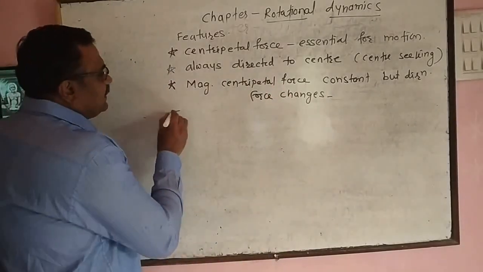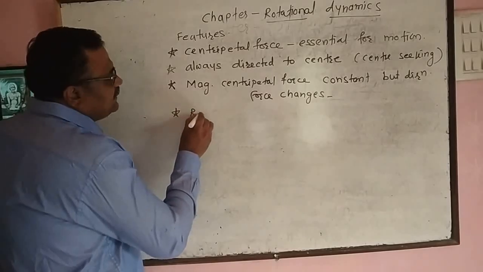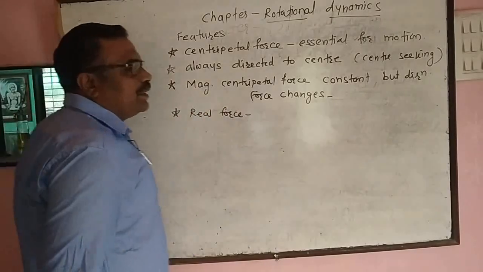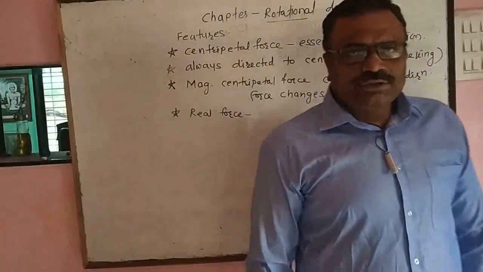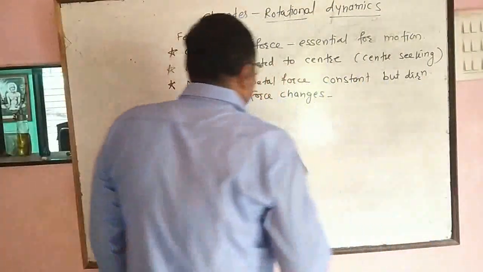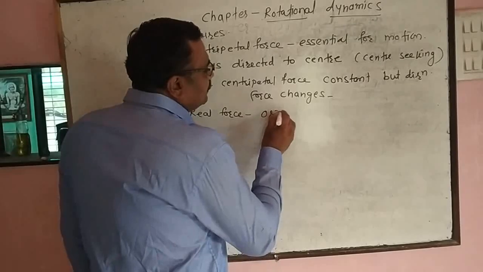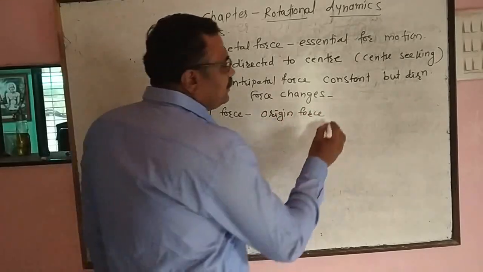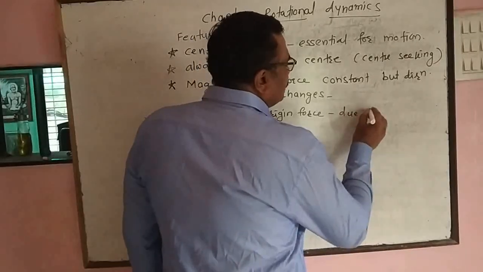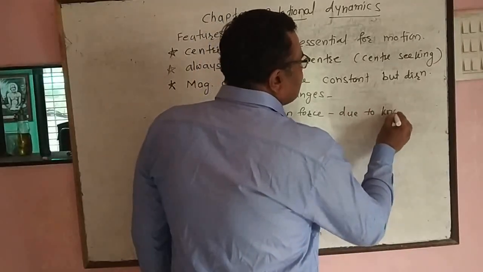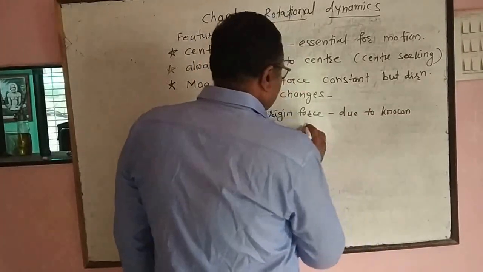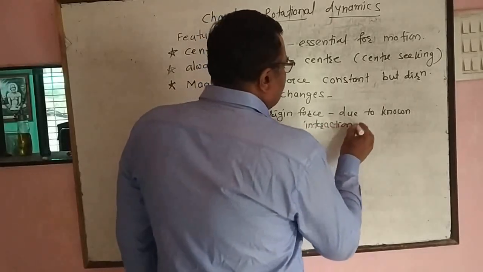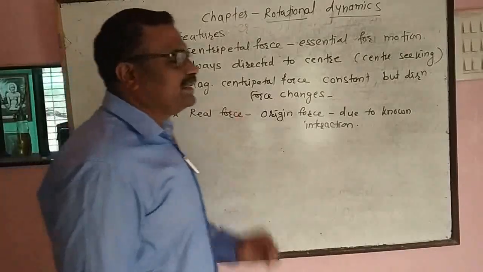Next characteristic, centripetal force is a real force. Now, what is a real force? When the origin of force is due to known interaction, then such force is known as real force.